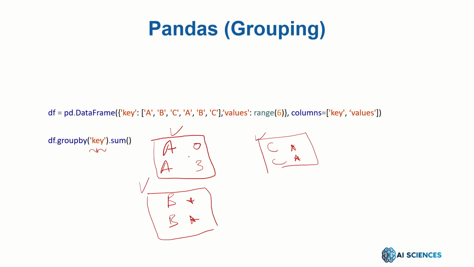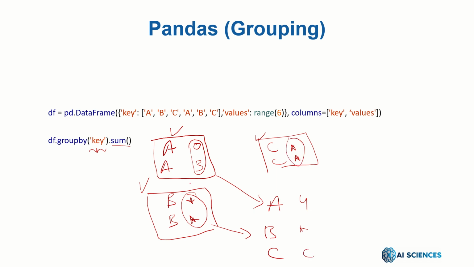Now if you call a function sum on each group, then it will add all these values together within the same group. So here against A, the value will be 4. Here against B, the value will be the sum of these. And here against C, the value will be the sum of these.